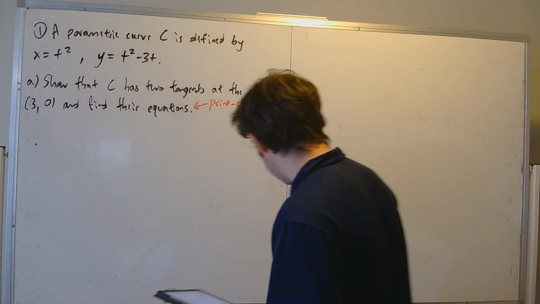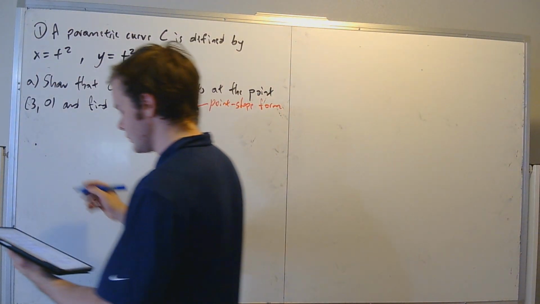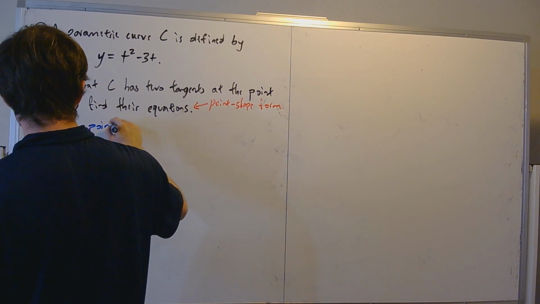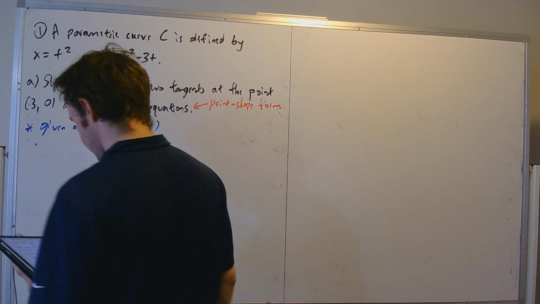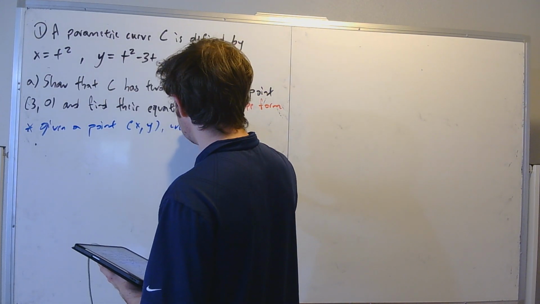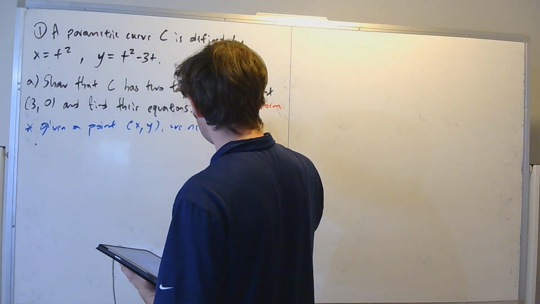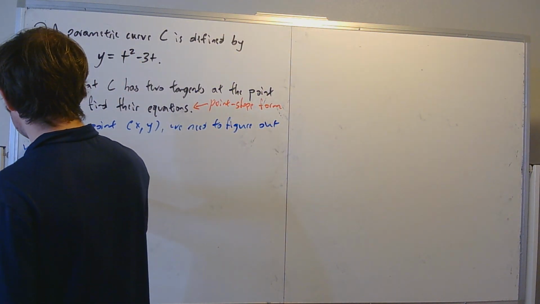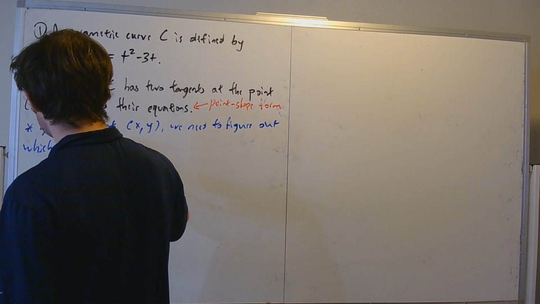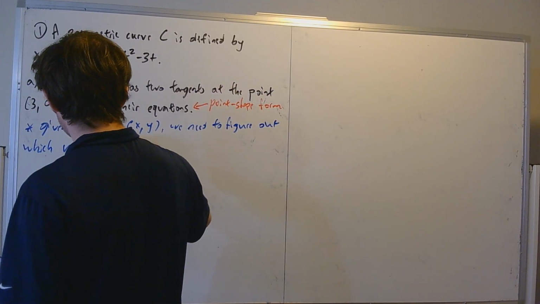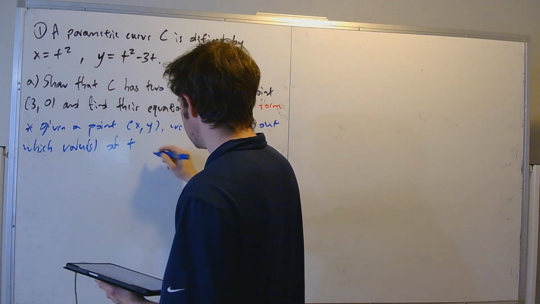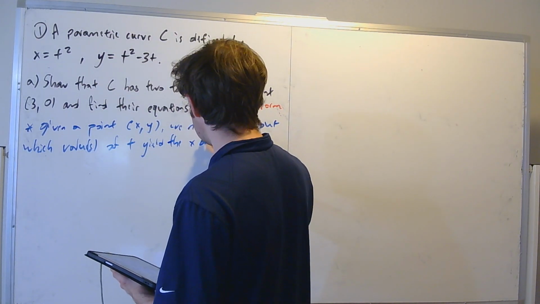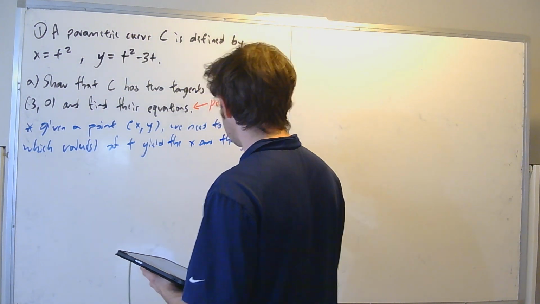So specifically, given a point (x, y), we need to figure out which values of t yield the x and the y, right?